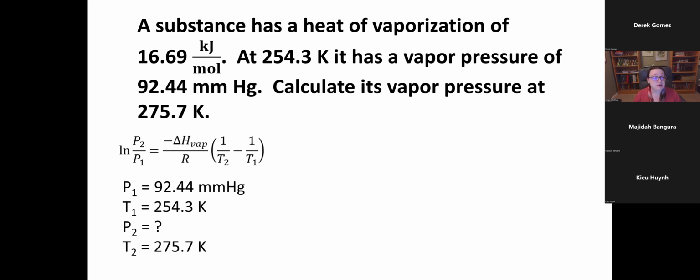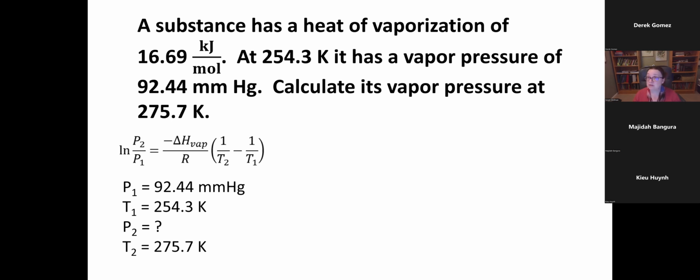Personally, I like to make the thing that I'm looking for pressure 2. It's much easier to solve things algebraically without making a mistake if you put your unknown, the thing you're solving for, in the numerator, on the top. When the thing you're looking for is in the bottom, the algebra always seems to go wrong. So I advise you to do the same.